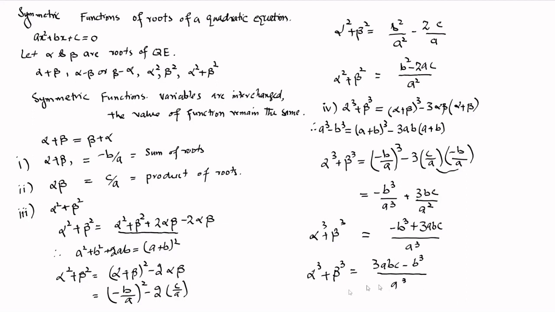Now the other symmetrical function, let's say this is function number 5, is 1 over alpha plus 1 over beta.